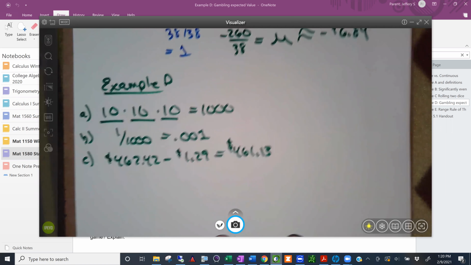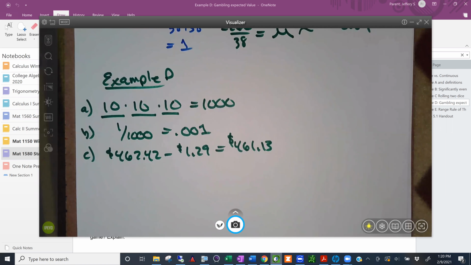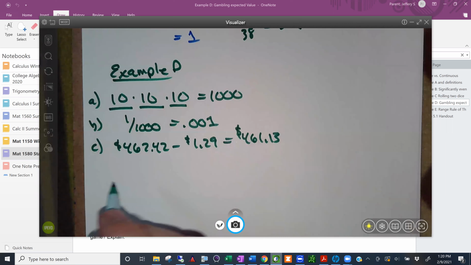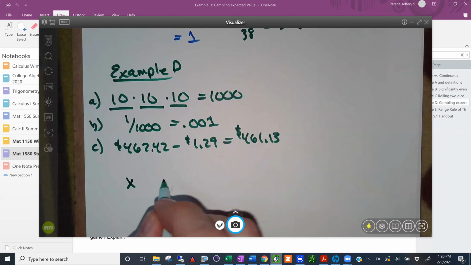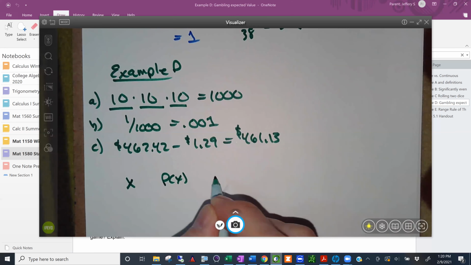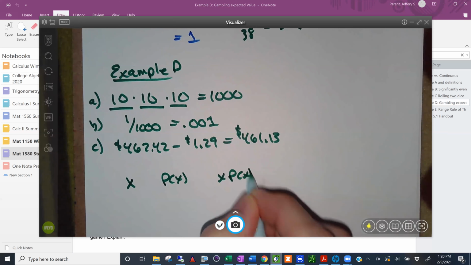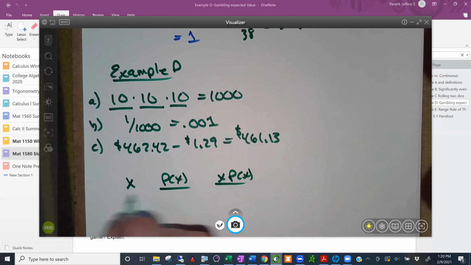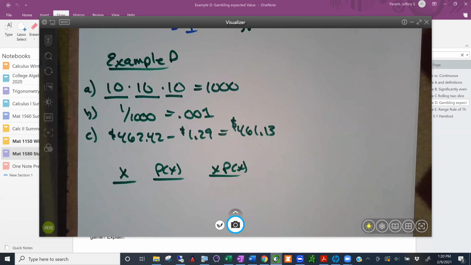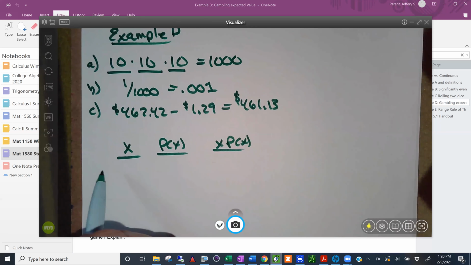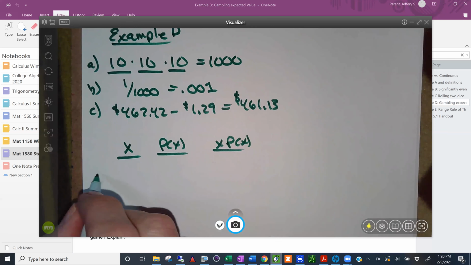Let's set up a little table like we just did, except this time we'll do it in Google Sheets. X, P of X, and X times P of X. There's 2 possibilities for our distribution. One of them is this: you could lose $1.29.